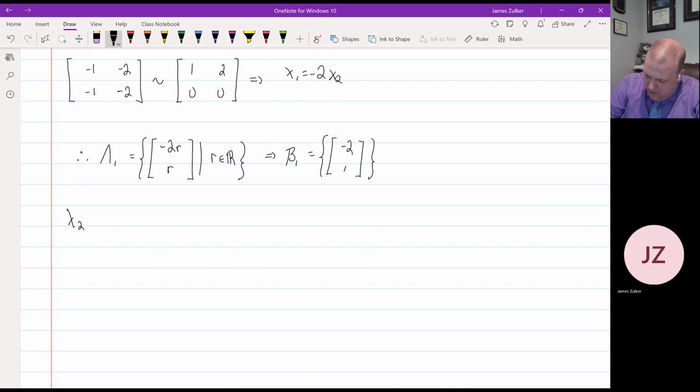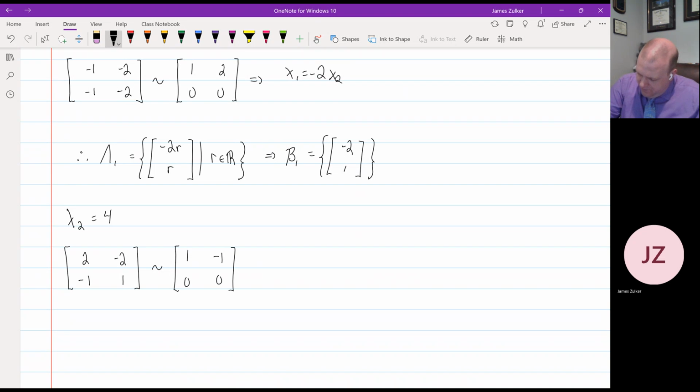Do the same thing now for lambda 2 equal to 4. That'll reduce this. This means that x1 is equal to x2.